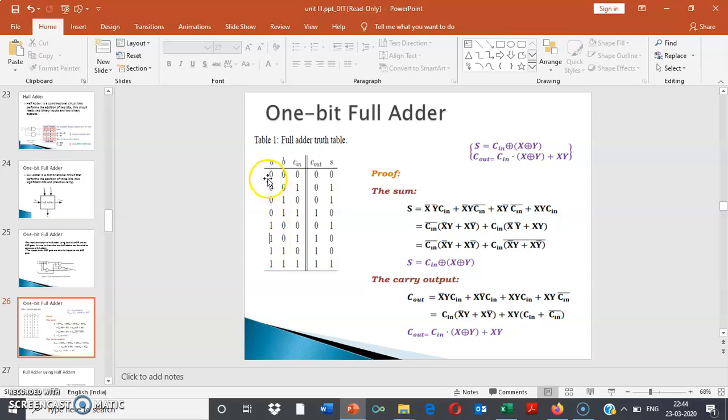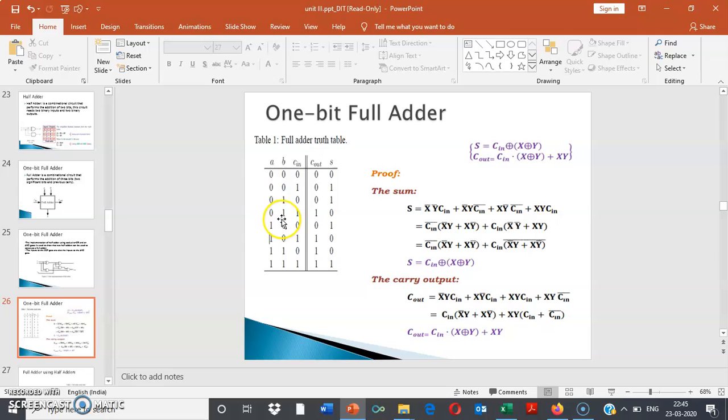So let us add 0 plus 0 plus 0. So sum 0, carry 0. 0 plus 0 plus 1, sum 1, carry 0. 0 plus 1 is 1 plus 0, 1, sum 1, carry 0. 0 plus 1 is 1, but 1 plus 1 is 0 with the carry 1.